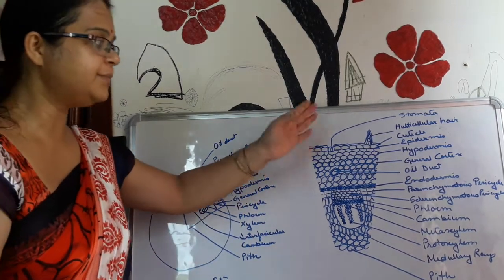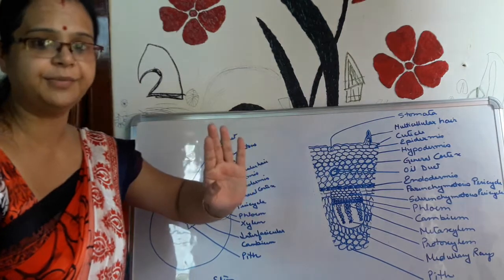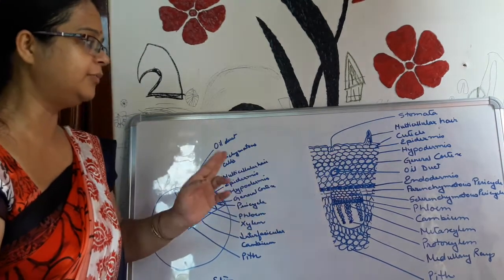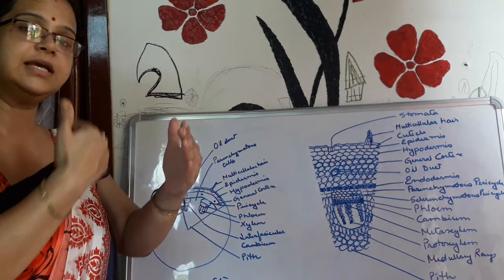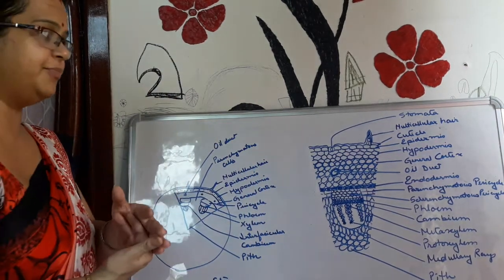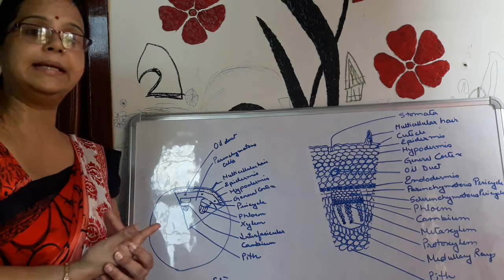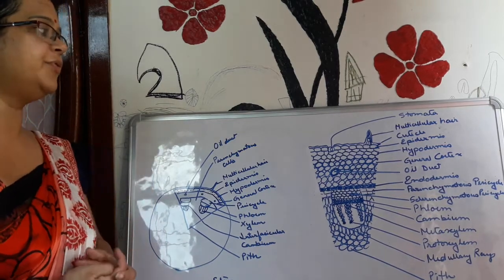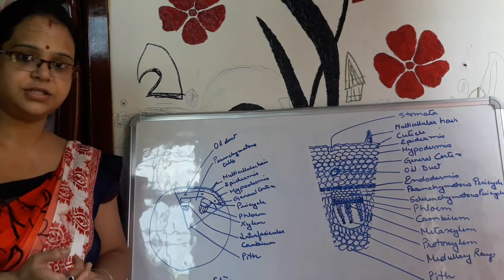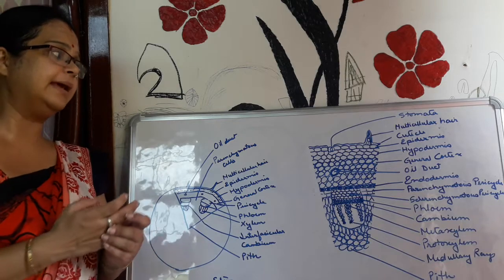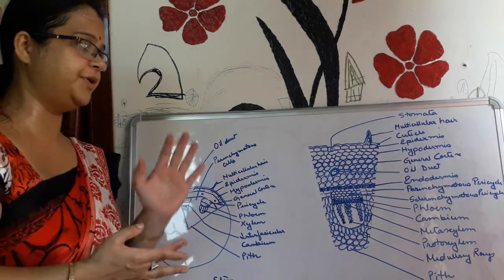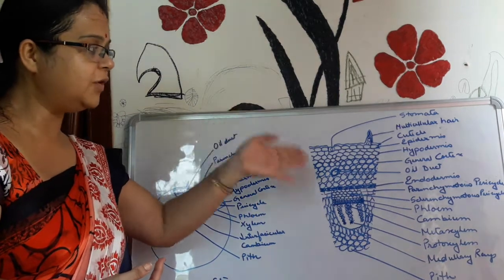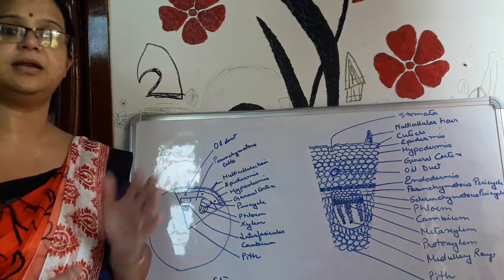Now just below the epidermis is the hypodermis. That means this is the cortical portion. So the outer layer is called hypodermis, just next to the epidermis. These are parenchyma cells. They will provide mechanical strength to the tissue and they will help in storage of food. Now just below the hypodermis is the general cortex.